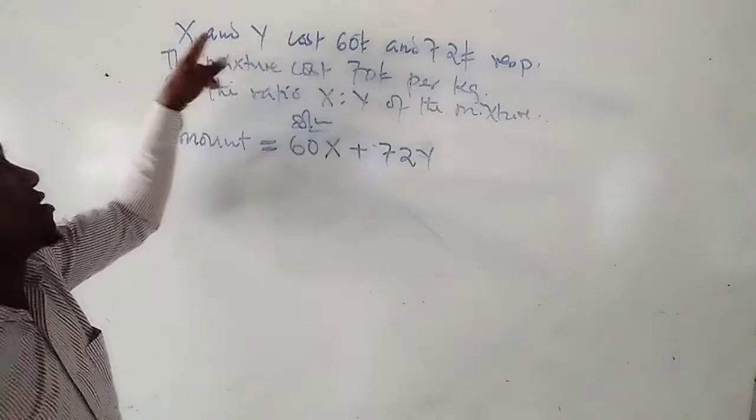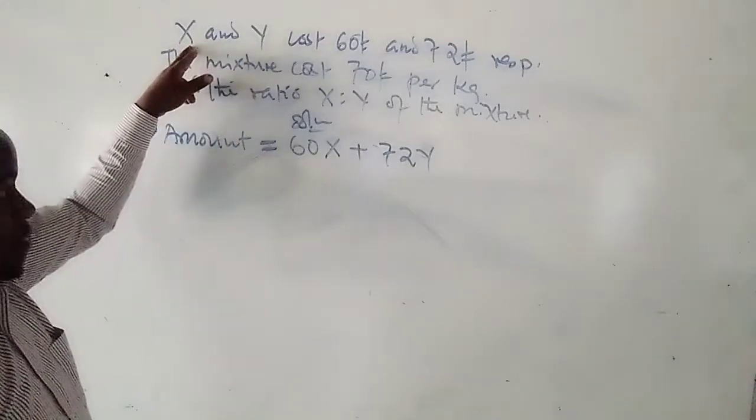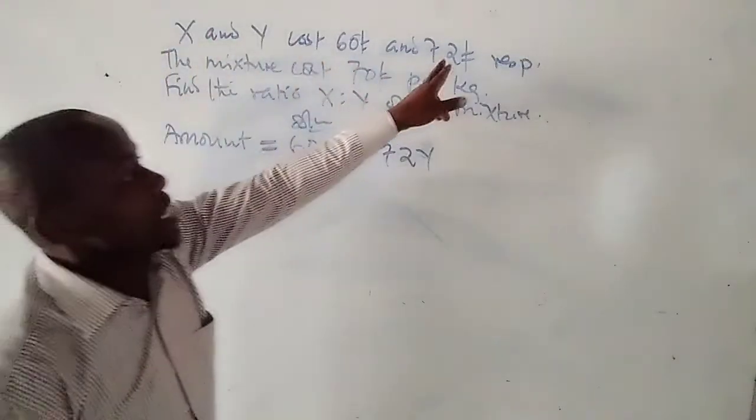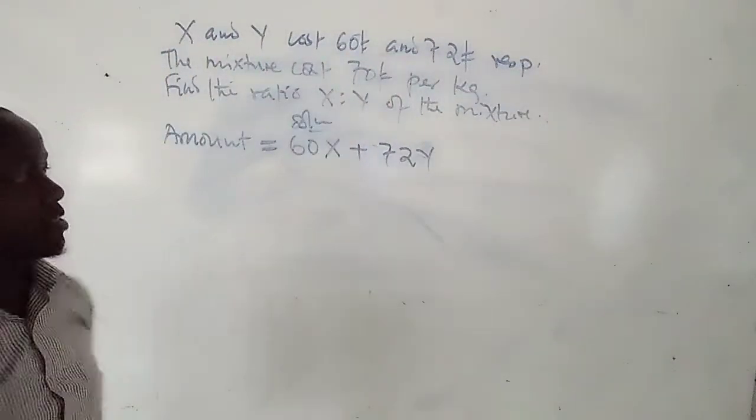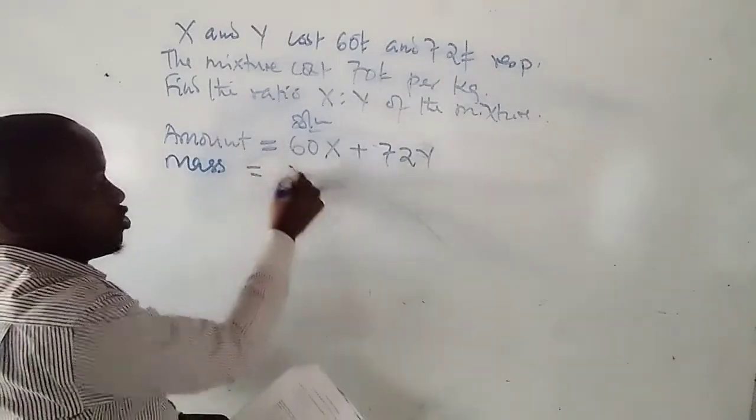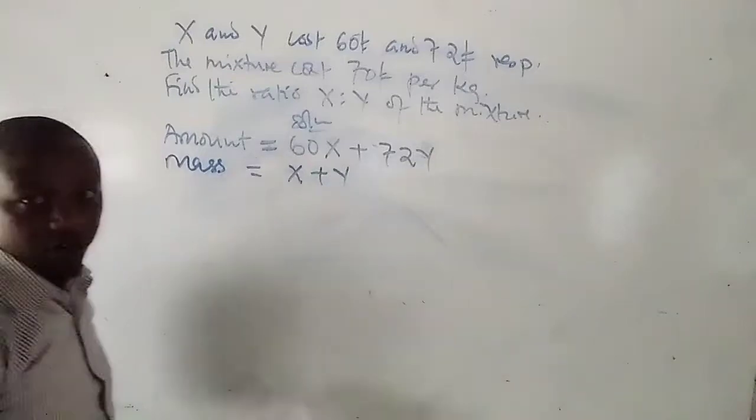If we let the kilograms of x be x, then the amount from x type will be 60 times x kilograms, plus 72 times y kilograms. Then the mass of the mixture will be x kilograms plus y kilograms.